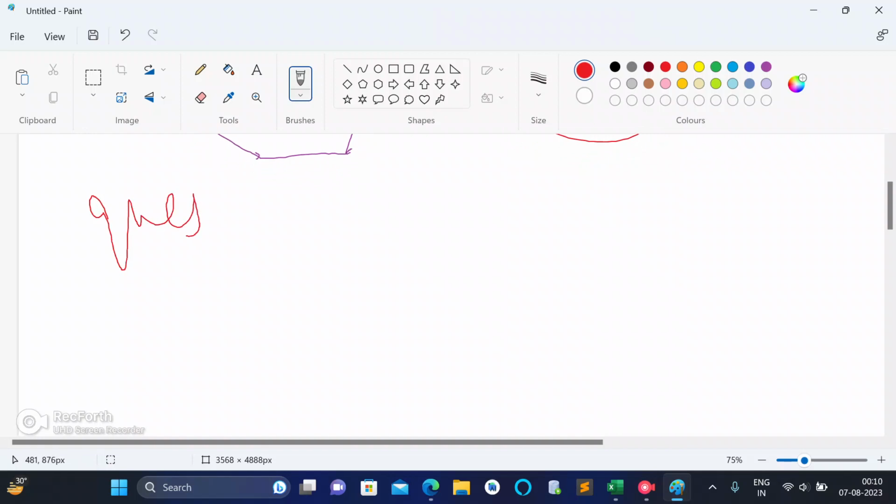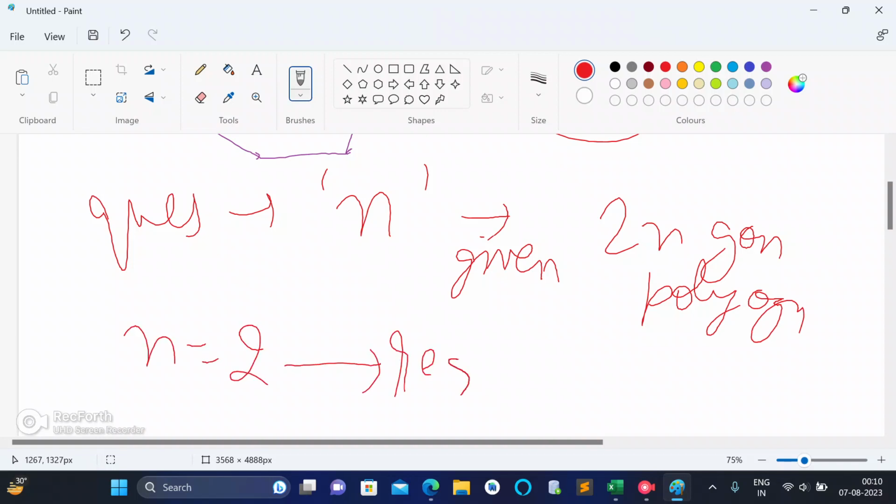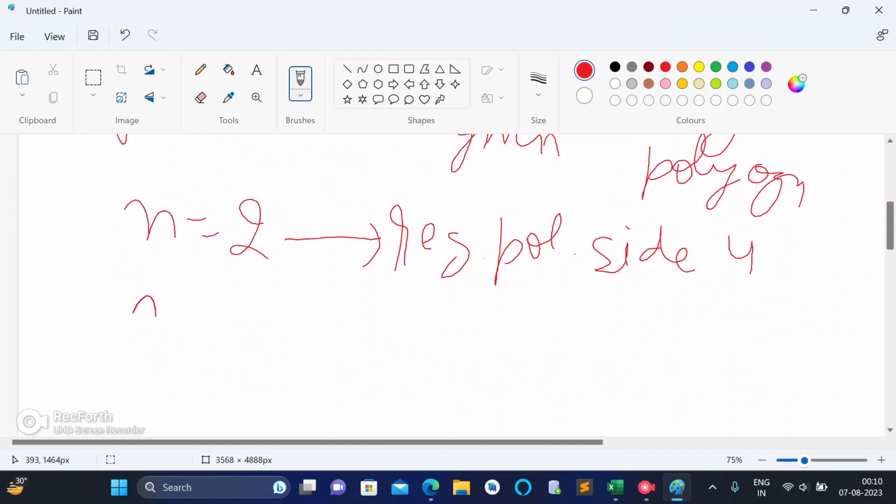In the question we are given the value of n, and we are given a 2n-gon polygon. It means if n is equal to 2, I have been given a regular polygon of 4 sides, 2 into 2, 4.